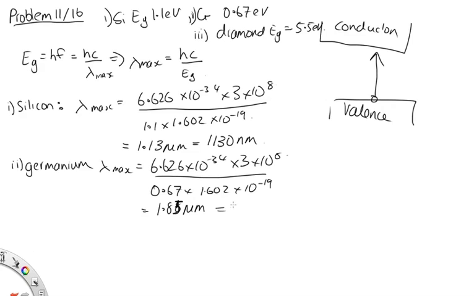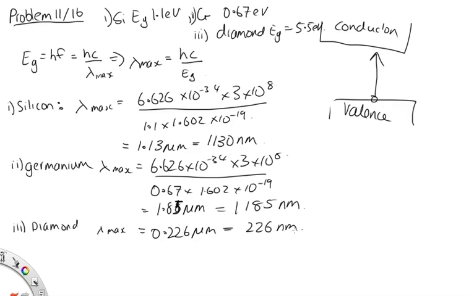Or we could write it as 1185 nanometers. And finally we do the same in diamond. In that case we just substitute in again, except for 0.67 we put 5.5. Solving that, we get 0.226 micrometers, which is equal to 226 nanometers.